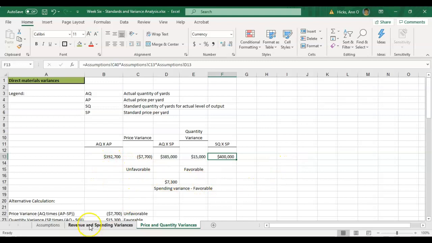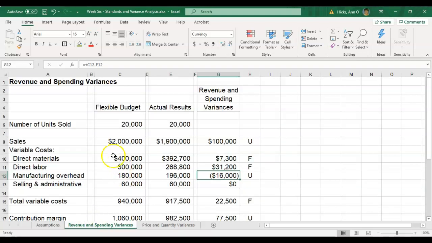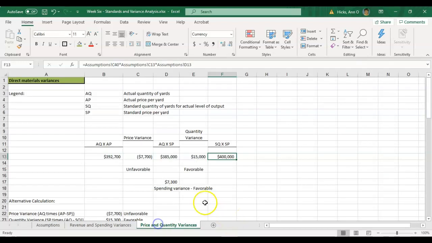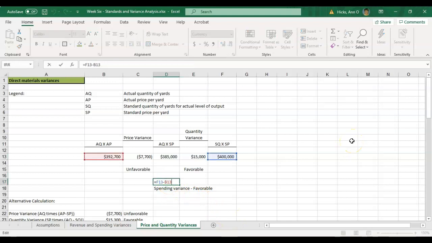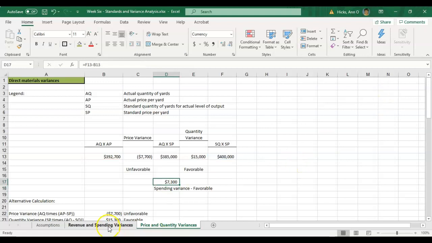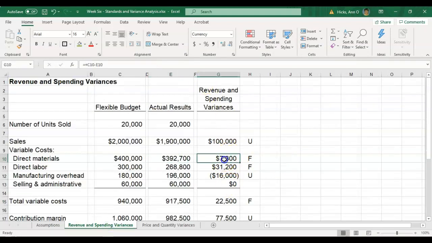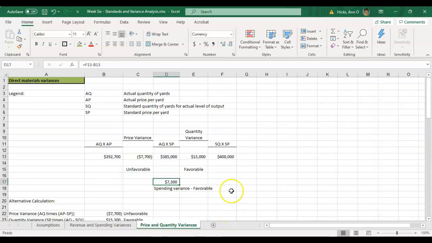If you go back over here, you will see that that's actually our flexible budget, and that the first number we calculated is our actual results. Right here, I have taken the difference between those and identified that as the 7,300 favorable spending variance, and you can see that that's the same number that we created in our schedule from last week.